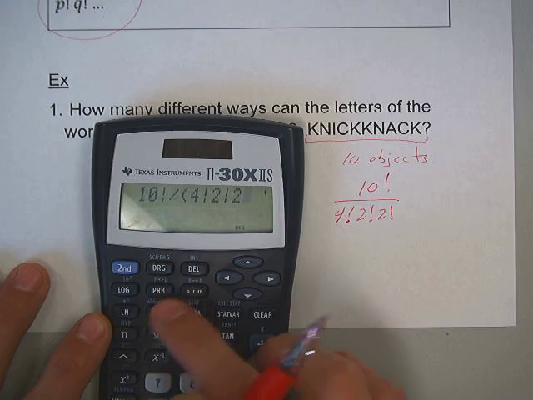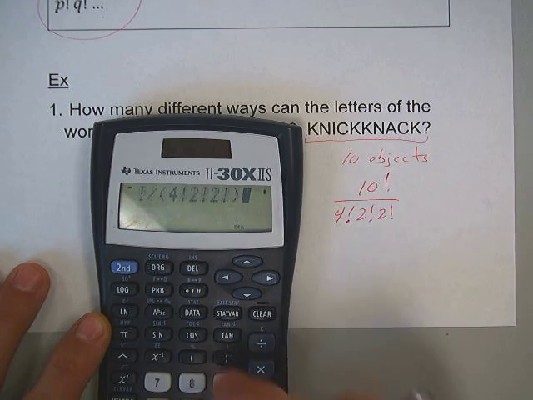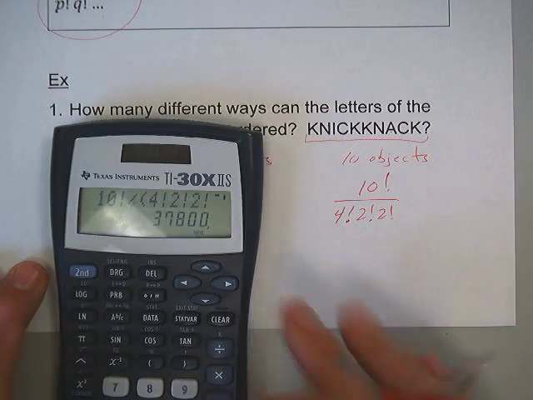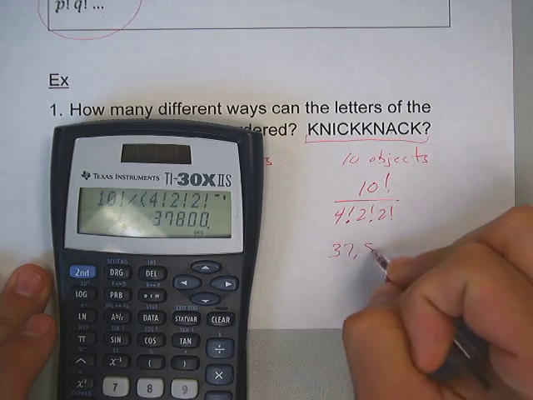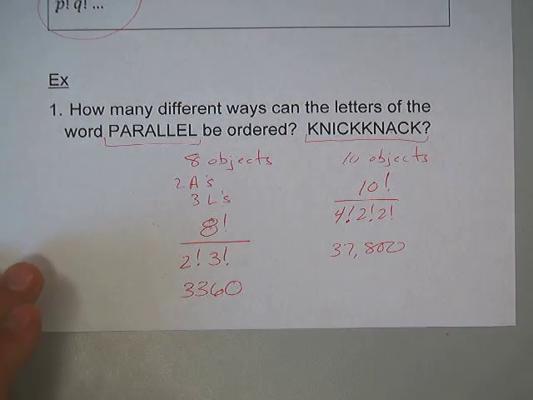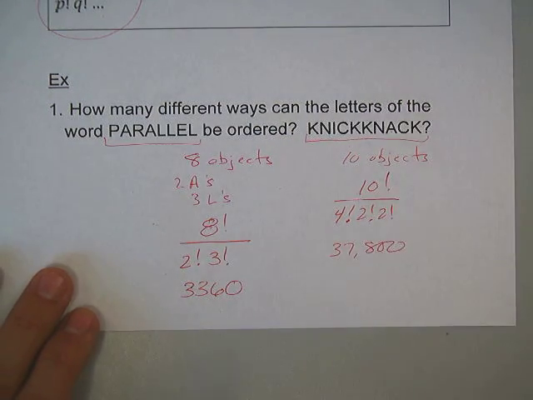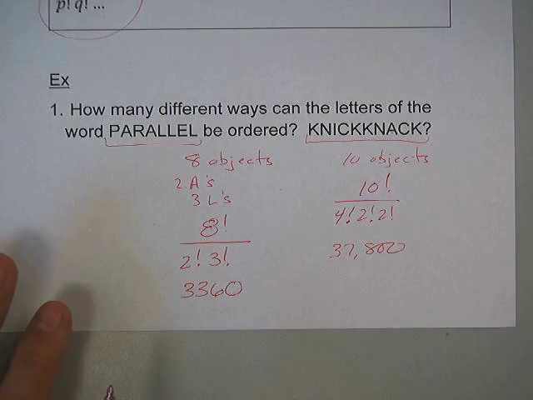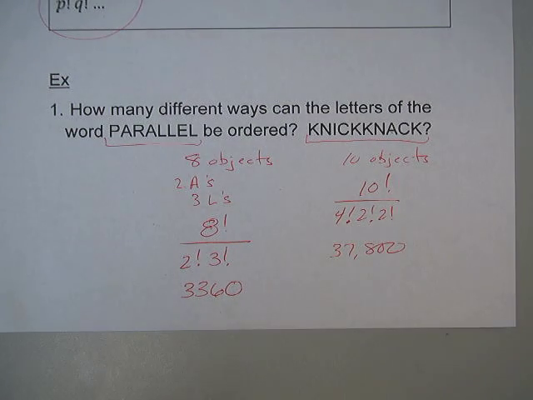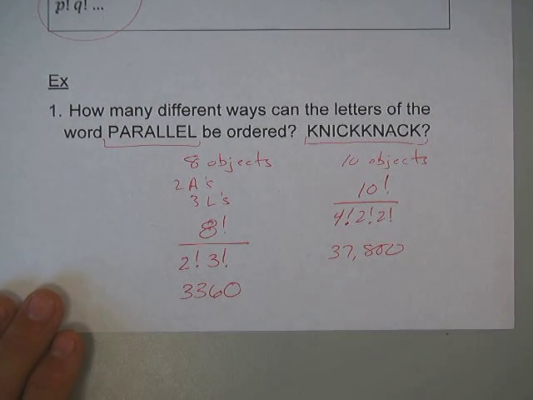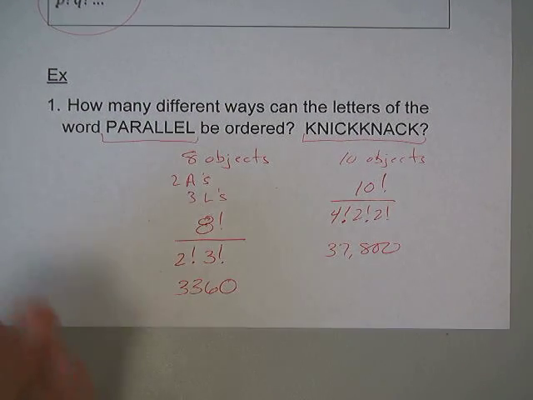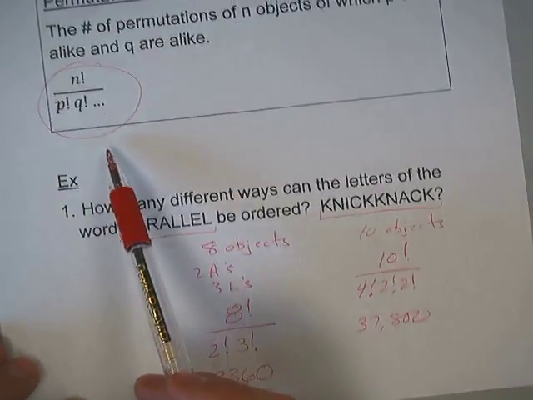So take out the calculator. Let's try that. 10 factorial divided by parentheses 4 factorial, 2 factorial, 2 factorial, and what do we get? 37,800 different ways that you could arrange those letters.